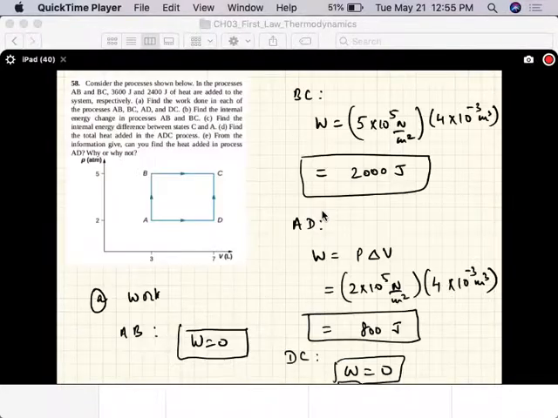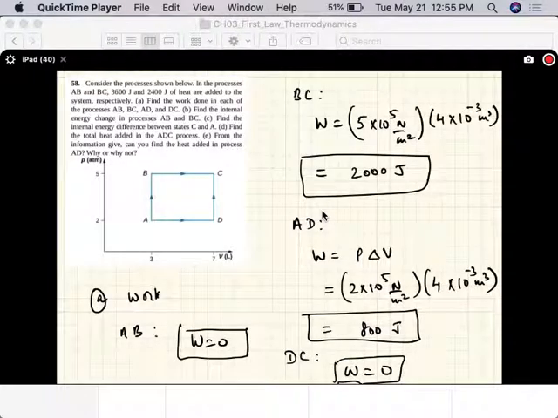All right, so what we have found is in going from here to here, your internal energy increased by 3,600 joules. In going from here to here, your internal energy increased by 400 joules. So in going from here to there, your internal energy increased by 4,000 joules, and it doesn't matter how you get there. Okay.